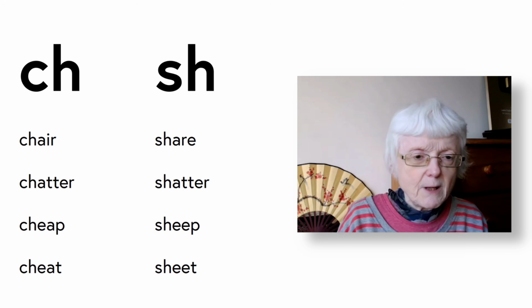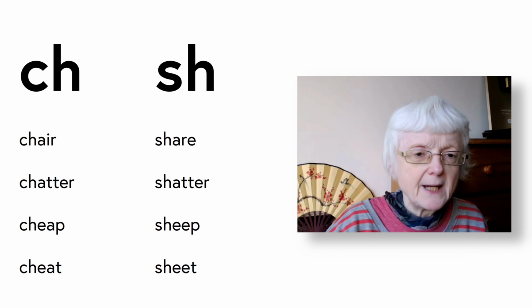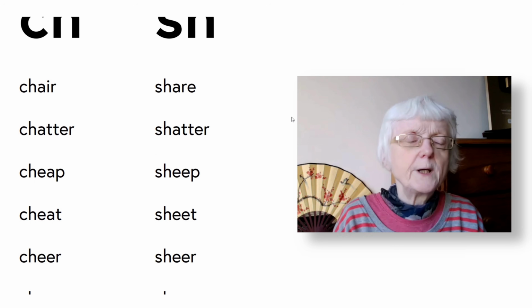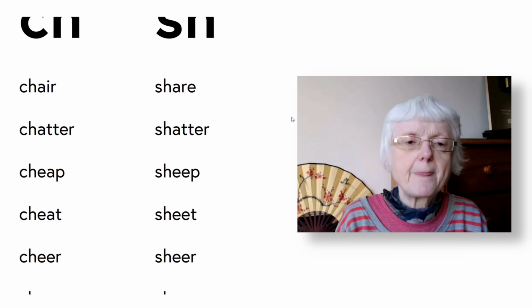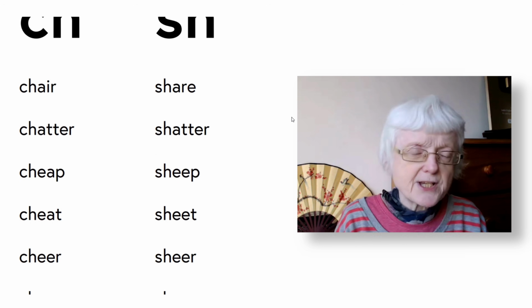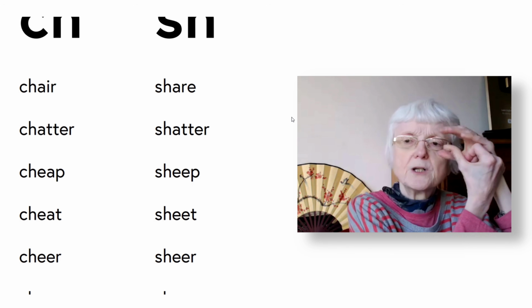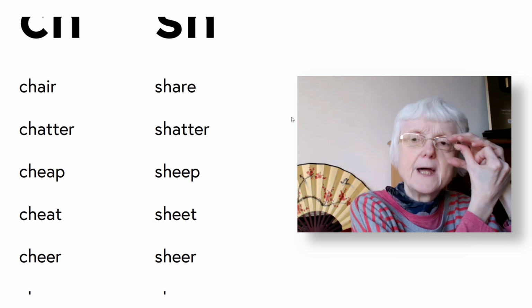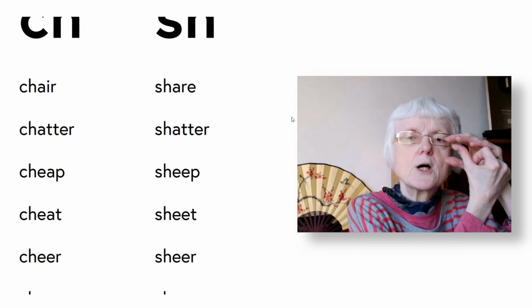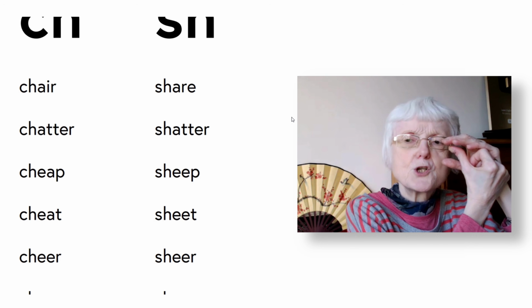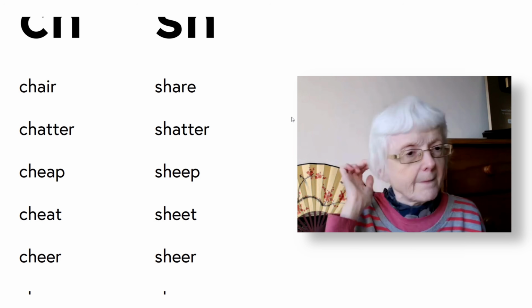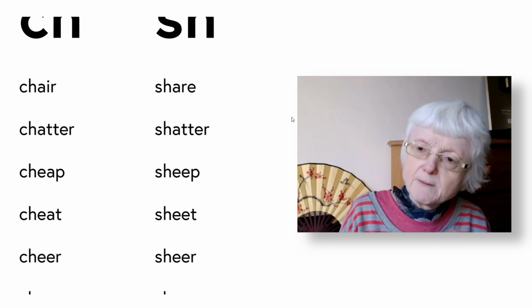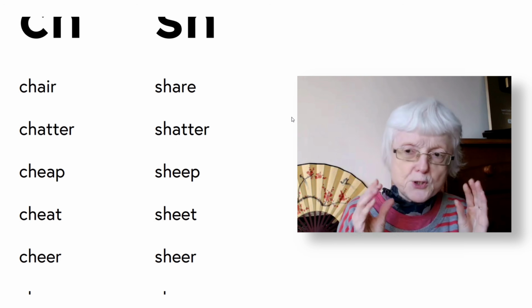Okay then, let's go on to the next pair of words. We have chatter and shatter. Ch, ch, ch, chatter, and then sh, sh, sh, shatter. Chatter is a word about people talking a lot.